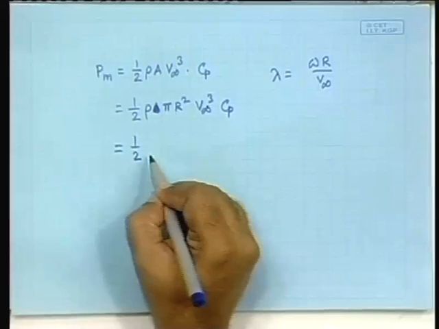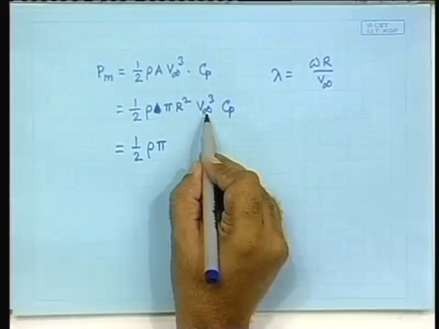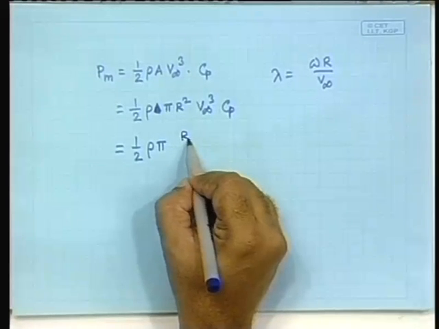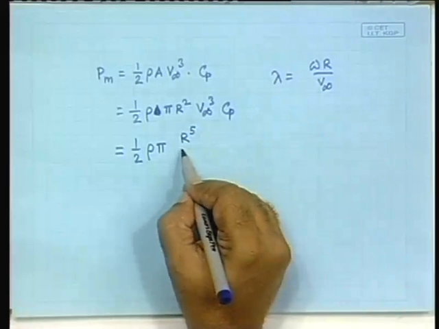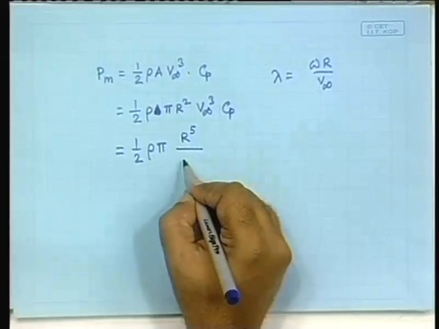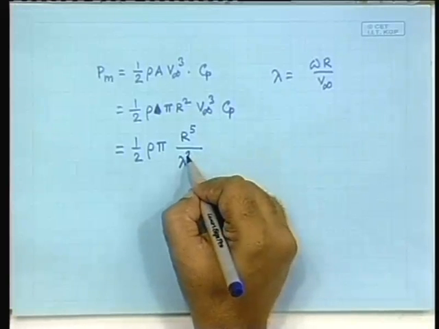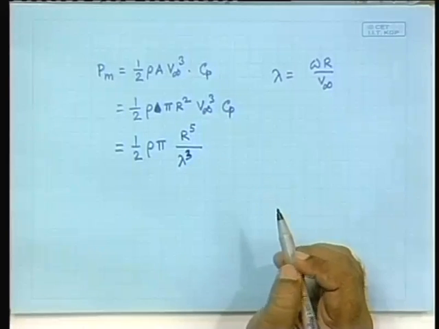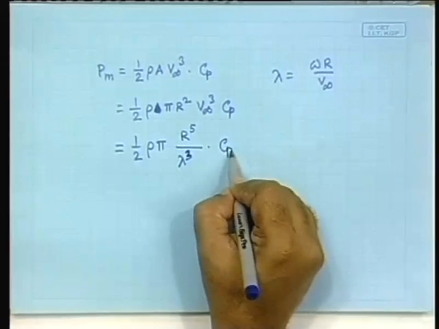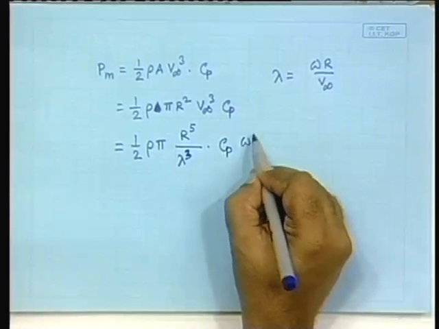So, half rho pi, this will be r to the power 5, r square, and from here r cube comes, and here it would be lambda cube, times Cp. Now, omega cube.